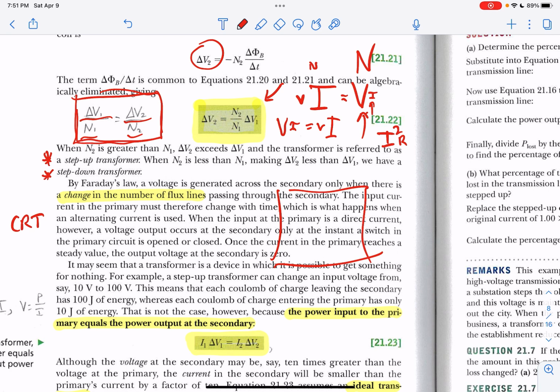Or they might step the voltage way down even farther, to say a small transformer that could provide the low voltage necessary for, let's say, a doorbell. So you've got transformers all over the place.